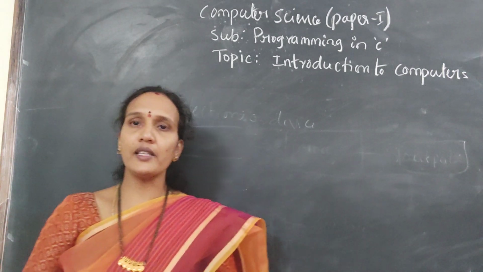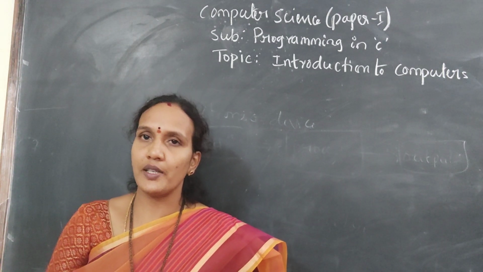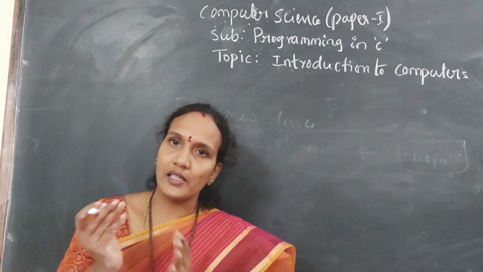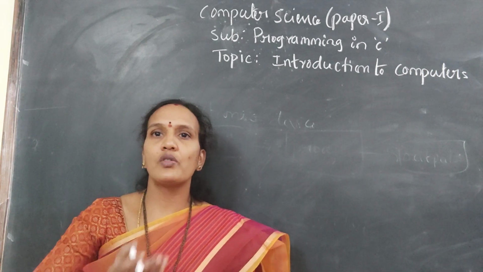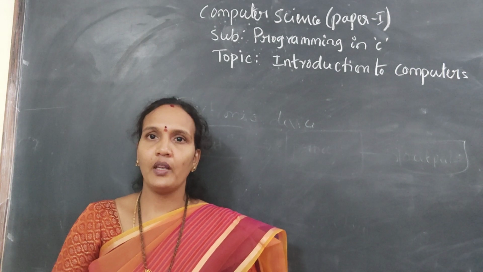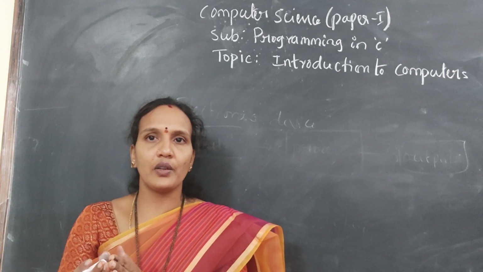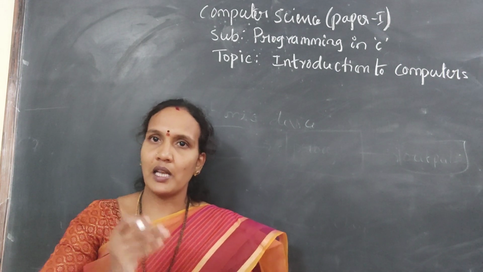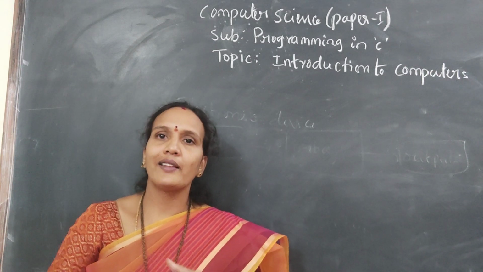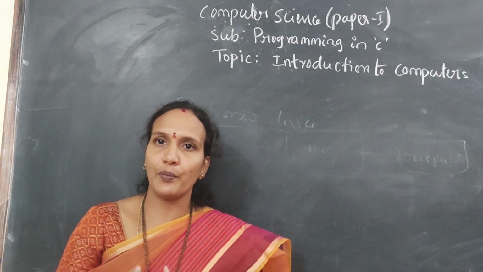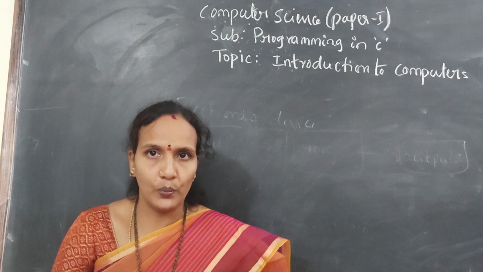After storing the data, whatever instructions the user has given are also stored inside the memory. Next, those instructions are performed on the data, and the result will be produced to the user as the output.